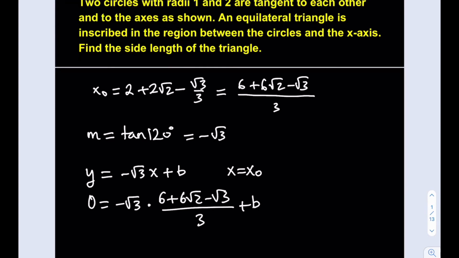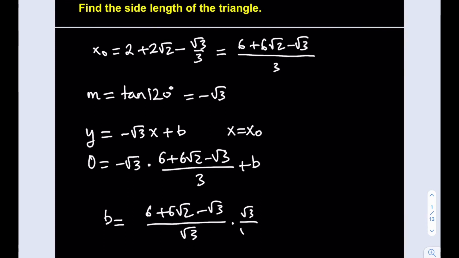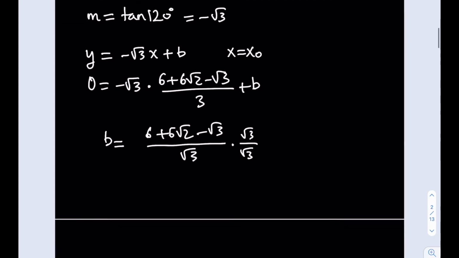And obviously from here, if you just add this quantity to both sides, b is going to be the square root of 3 times that, which is actually going to leave us with a root 3 at the bottom if you simplify that. So it's going to be this. But then I multiply by root 3 over root 3 again to rationalize the denominator. And the b value is going to be, if you distribute the root 3, 6 root 3 plus 6 root 6 minus 3 all over root 3 times 3, which is 3.